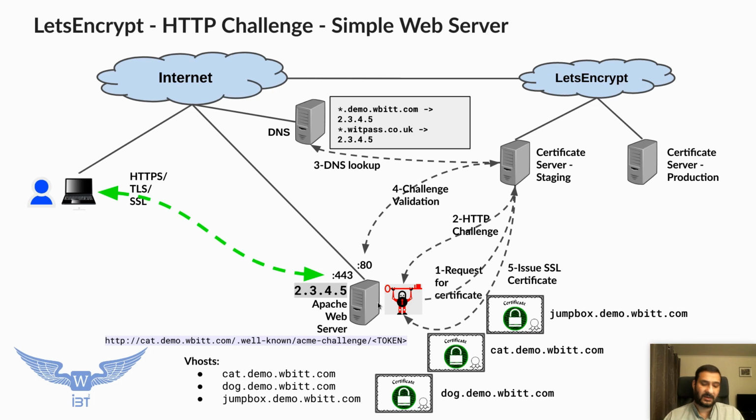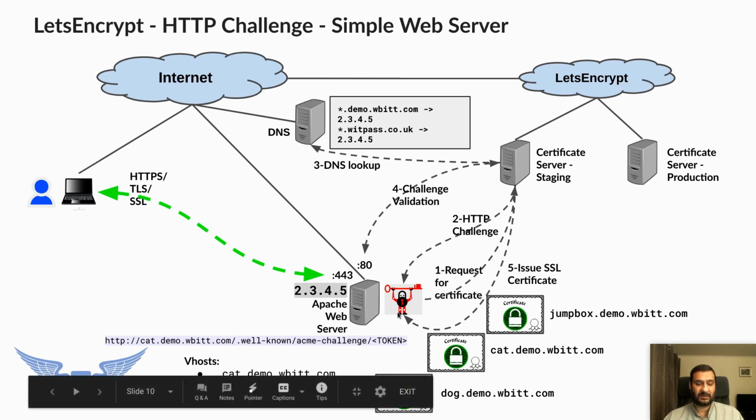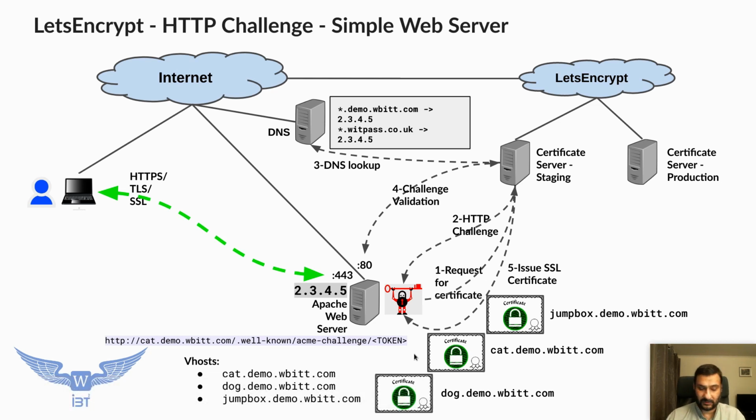And that challenge is simply asking certbot to place a certain key or token or secret string under a specific location in your web server, and it has to be under the domain name or DNS name or FQDN or the host name of your virtual host. So it should be under .well-known/acme-challenge/token, whatever the token is that is handed over to certbot.